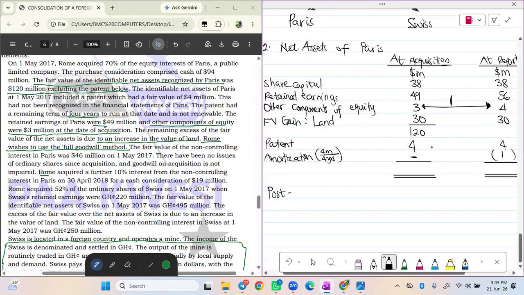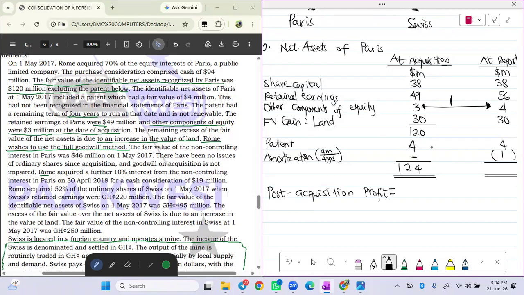At acquisition is 16. 120, 116. Sorry, patent, we are adding. 116, no, we are adding the patent, its fair value. Amortization is deducted. Adding, to 124. Okay, 124, yes.